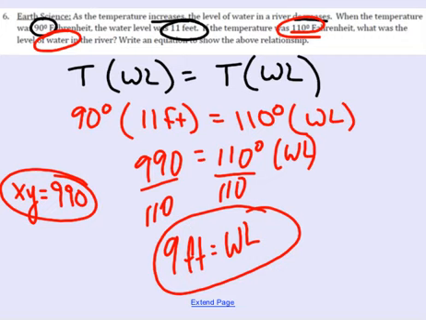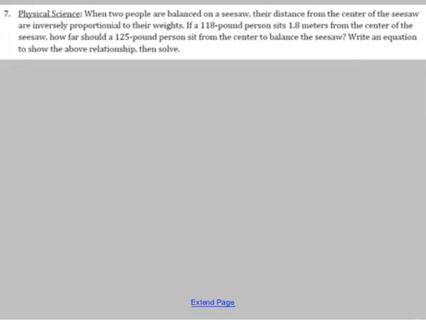Then the last one would be physical science. When two people are balancing on a seesaw, their distance from the center of the seesaw, which is called the fulcrum point, right, are inversely proportional to their weight. If a 118-pound person, I just want to draw figures, this is the distance, and so on.